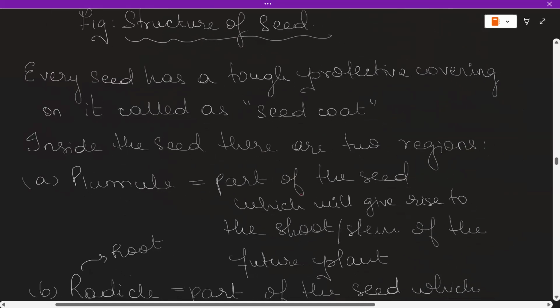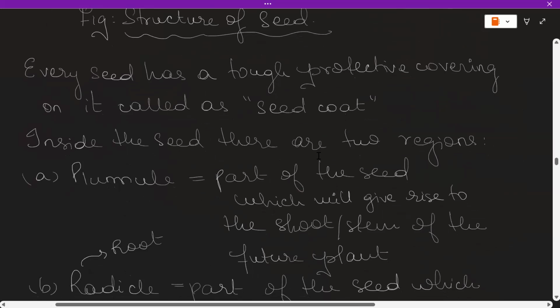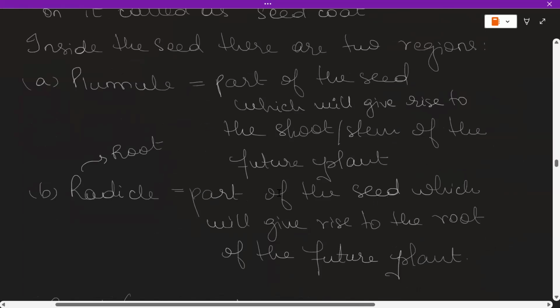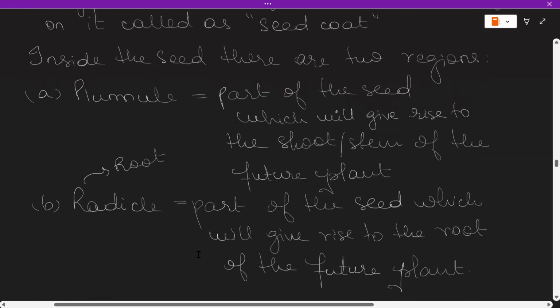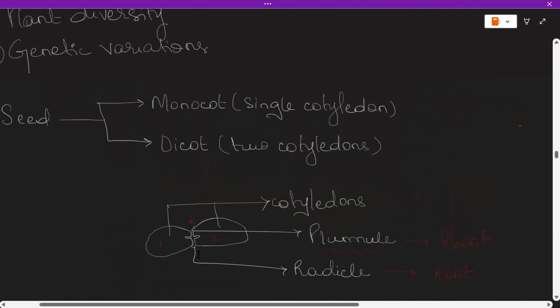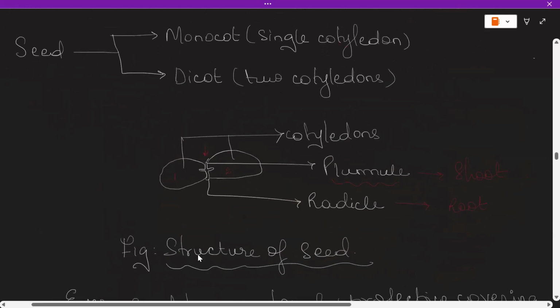Every seed has a tough protective covering, which is called the seed coat. Inside the seed, there are two regions. First is the plumule, which will give rise to the stem or shoot of the future plant. And the radicle is the second part, which will give rise to the root of the future plant. Clear, students? Yes. Okay, note down.